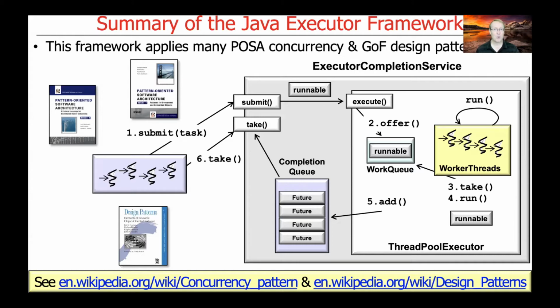We'll talk more about those patterns shortly, but you'll see lots of patterns implemented, like Command Processor, Active Object, Thread-Specific Storage, Half-Sync/Half-Async, and Monitor Object. It's reassuring to know that these patterns we read about and study in some of the courses at Vanderbilt are actually applied in very mission-critical contexts like the core Java concurrency utilities. It gives you a good feeling that this stuff isn't just made up out of thin air.